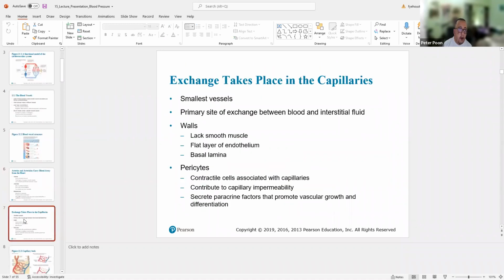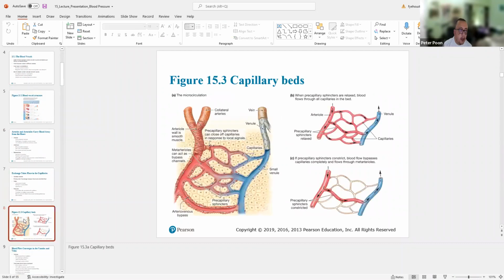So gas exchange. This stuff you should already know from anatomy. The way that capillary beds work, this is a capillary bed. Again, this should be a slide that you go over in anatomy, but we'll go over it. There are two ways to get things through a capillary bed.